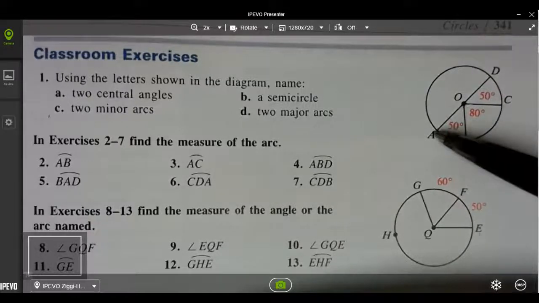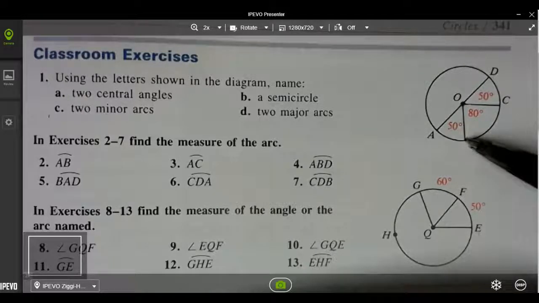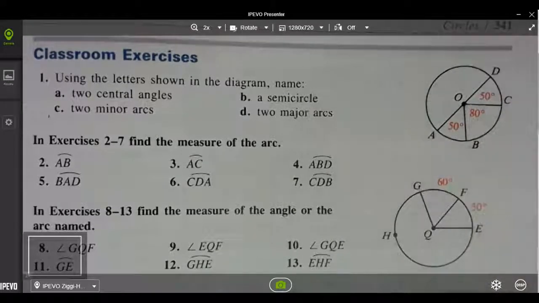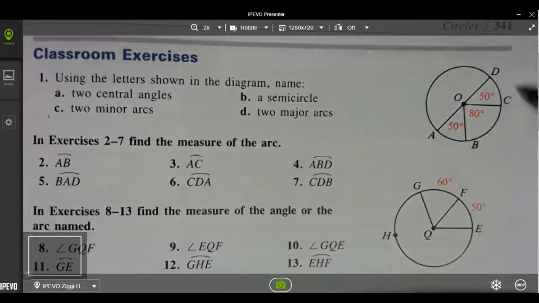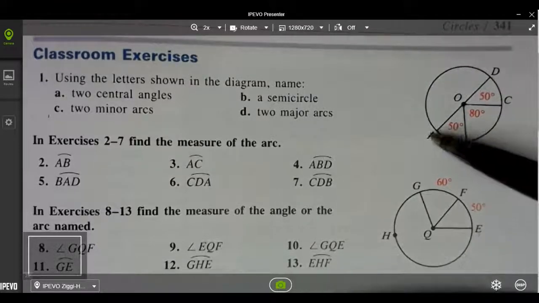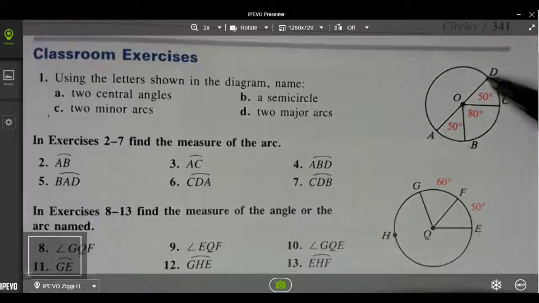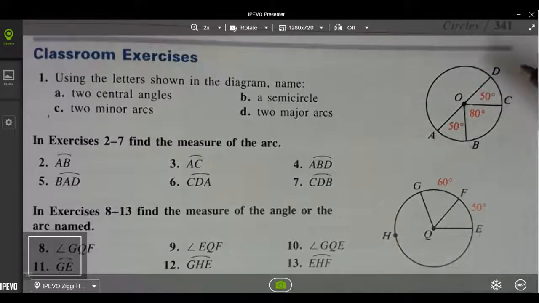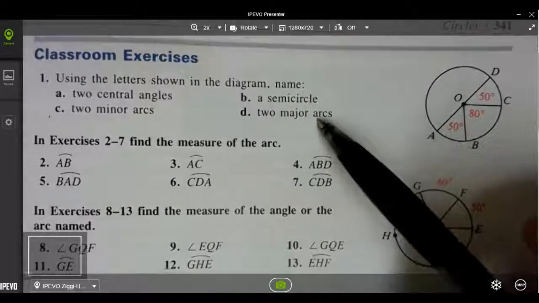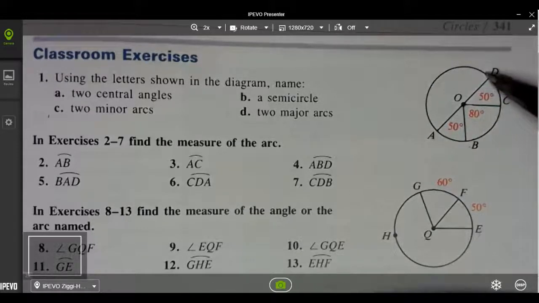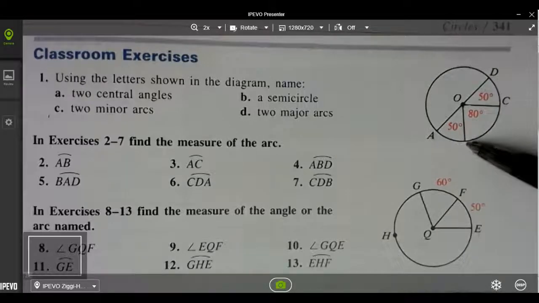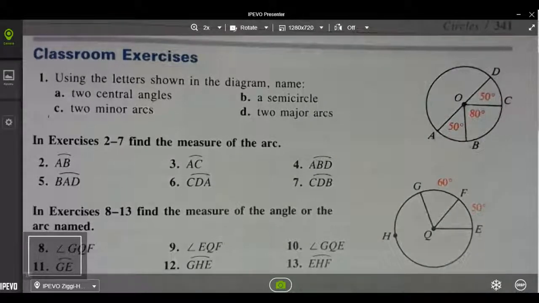Its major arc is either ADB or ACB. A semicircle would be ABD or ACB, as long as the two endpoints make up the diameter. That's the semicircle. Two major arcs. We already named major arcs as we were learning the minor arc. So like DAB would be a major arc as long as it's bigger than 180.